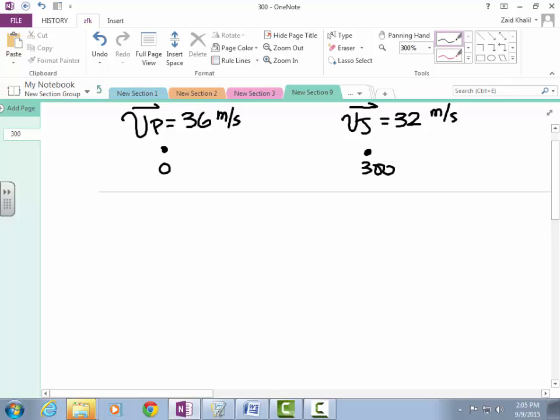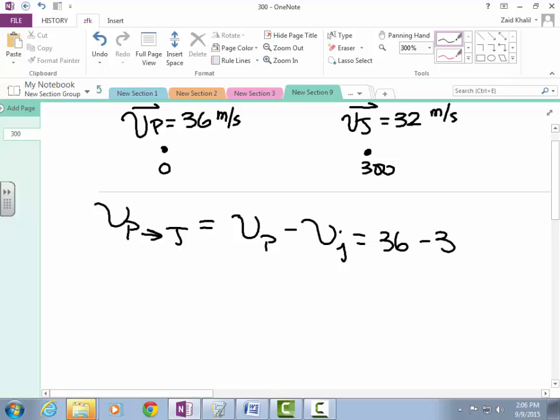I'm going to use relative velocity. So what is the police officer's velocity relative to Jim's perspective? Correct. In other words, V of P relative to J is equal to VP minus VJ, which is 36 minus 32, which is 4.